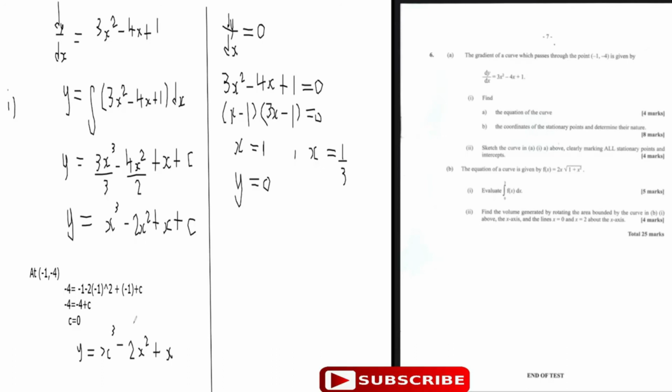And that's 4 over 27. So this is giving us y is 4 over 27. So those are the two stationary points. Let me just put it as a point. You have 1, 0. Then you have 1 over 3, 4 over 27. That's another stationary point.